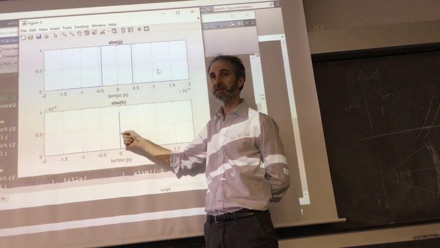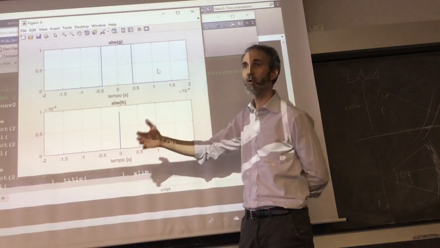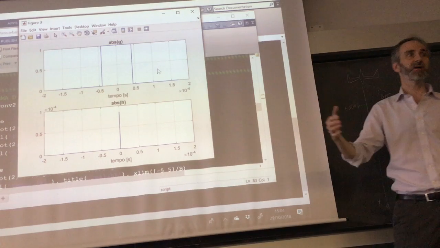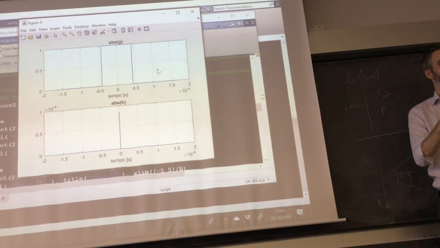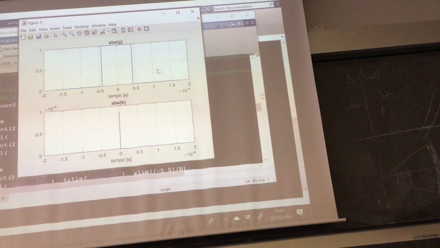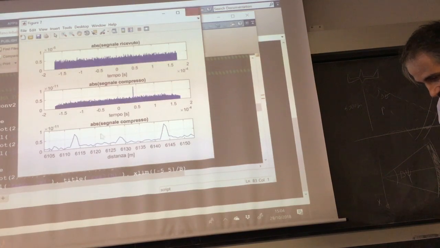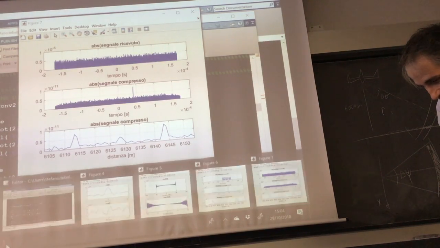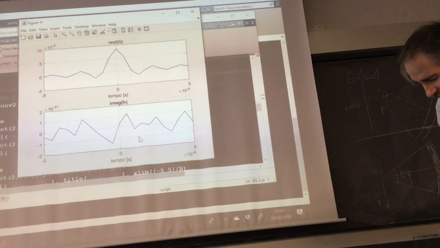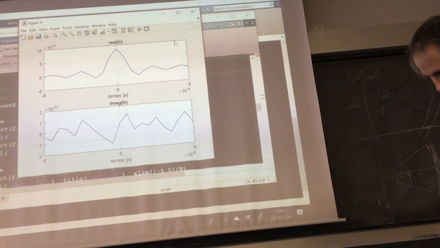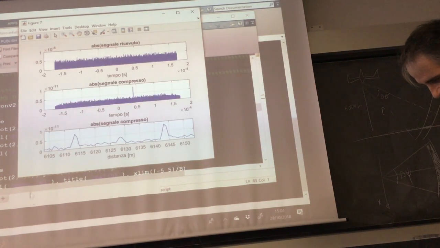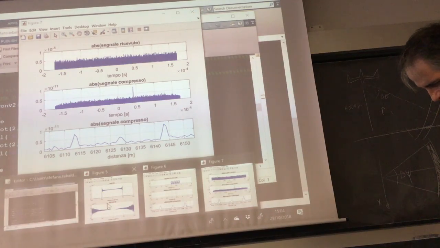And indeed, this matched filtering is called in the radar jargon pulse compression, because you send a very large pulse and then you compress it a lot. And this is the simulation.